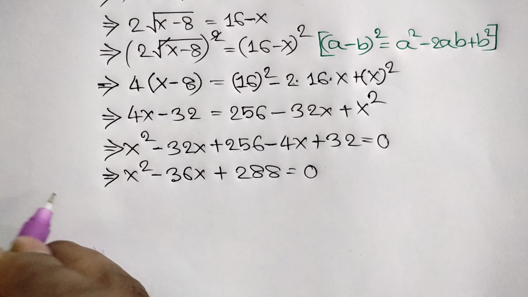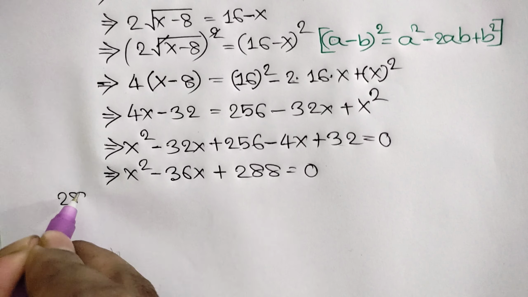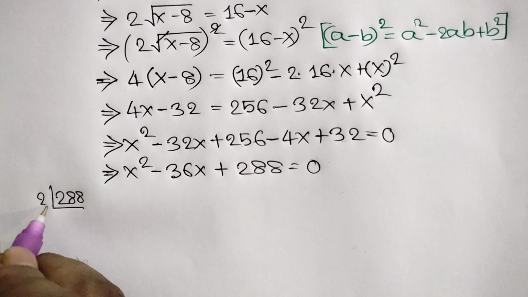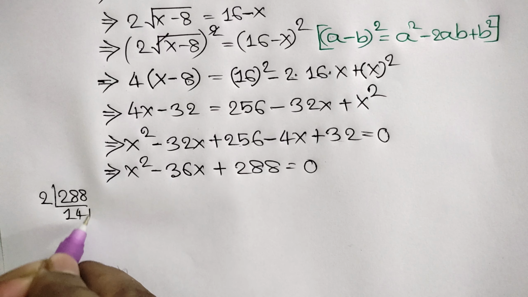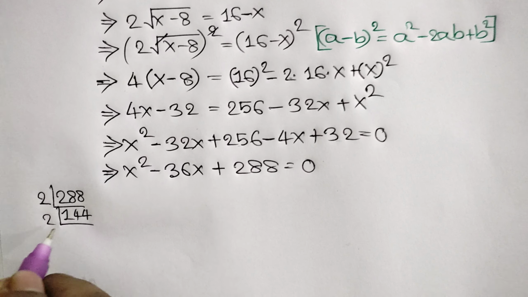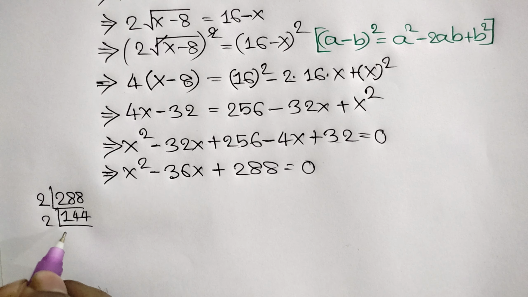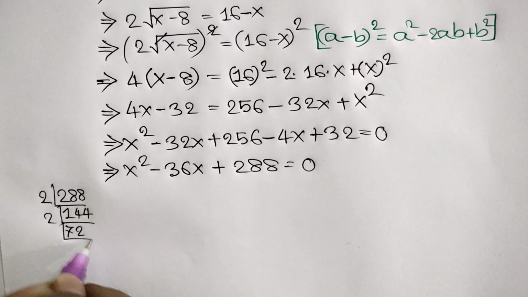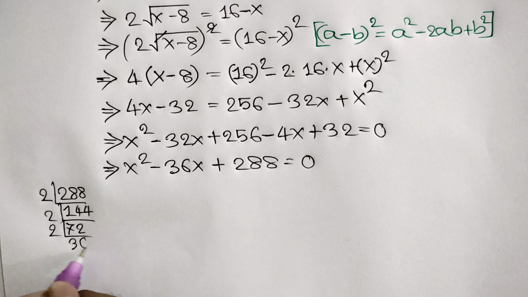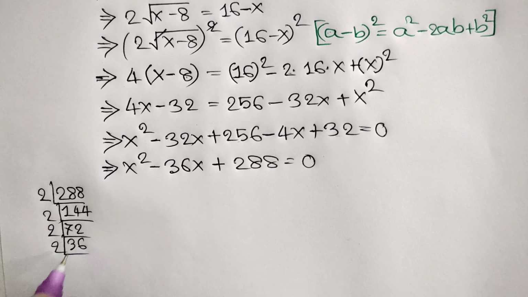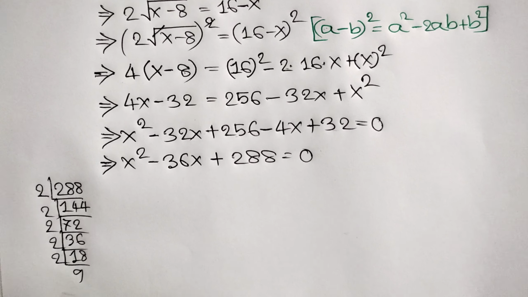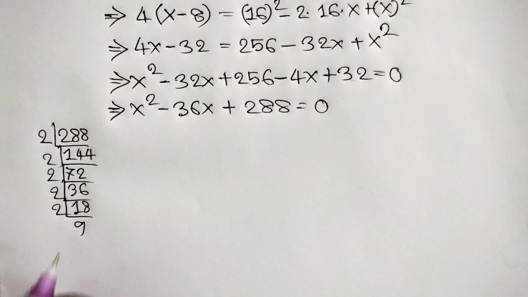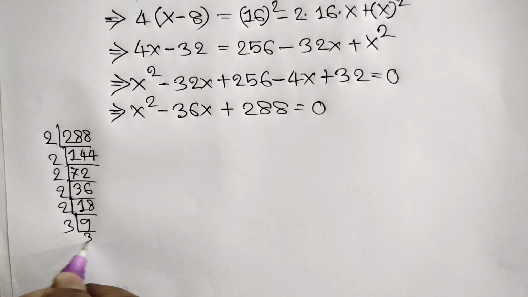Now factorizing 288, we can write: divided by 2 we will get 144, again divided by 2 we will get 72, again divided by 2 we will get 36, again divided by 2 we will get 18, again divided by 2 we will get 9, now divided by 3 we will get 3.